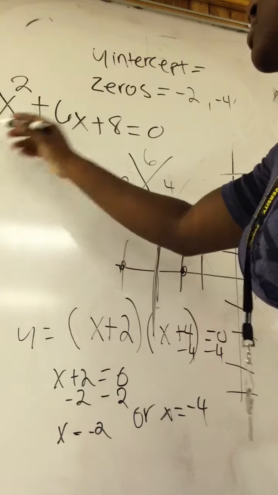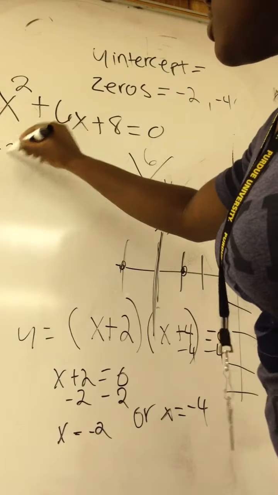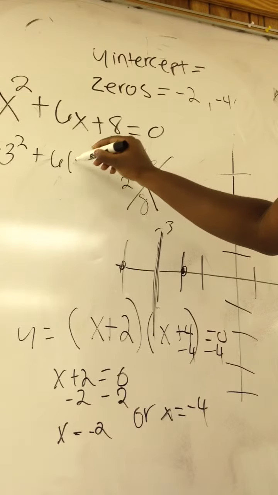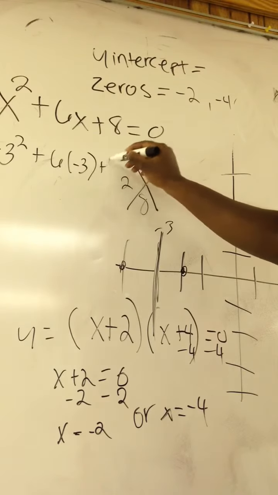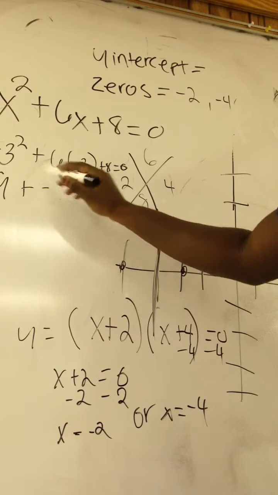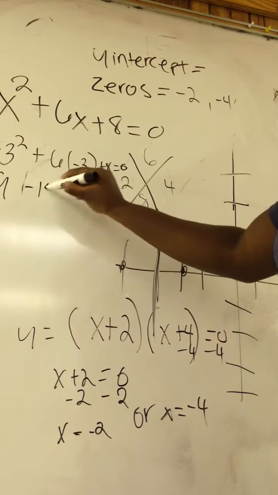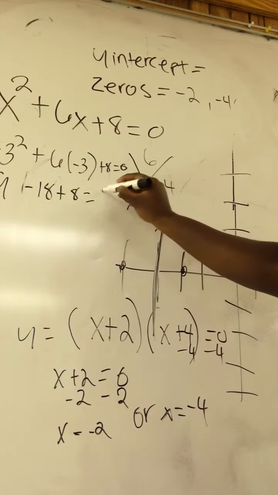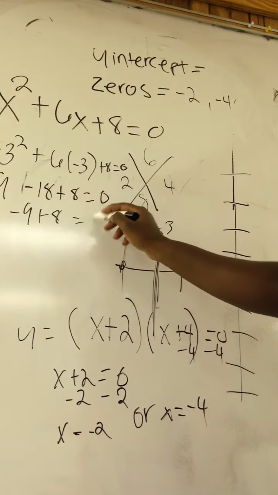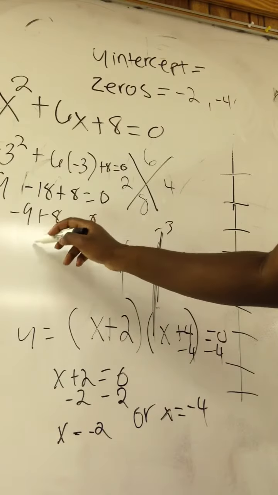So we're going to rewrite it as negative 3 squared plus 6 times negative 3 plus 8. So this is going to be 9 minus 18 plus 8. So that's going to be negative 9 plus 8, and that's going to equal negative 1.